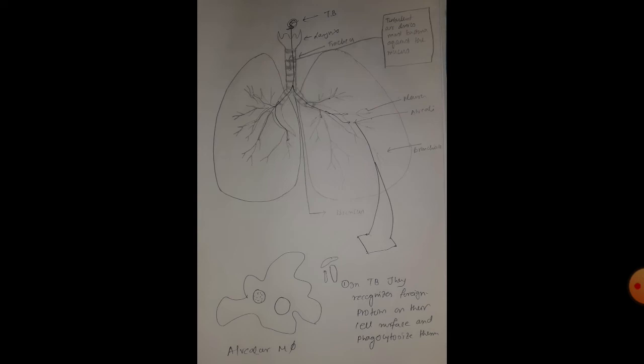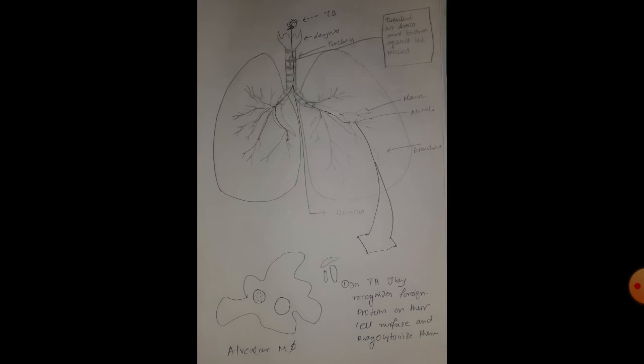If we want to recapitulate again: after entering the body, it enters the deep airways, especially the alveoli of the lungs, and inside the alveoli the macrophage eats it up by recognizing the foreign protein present on the cell surface, right? After phagocytosis, the next step is phagosome-lysosome fusion.